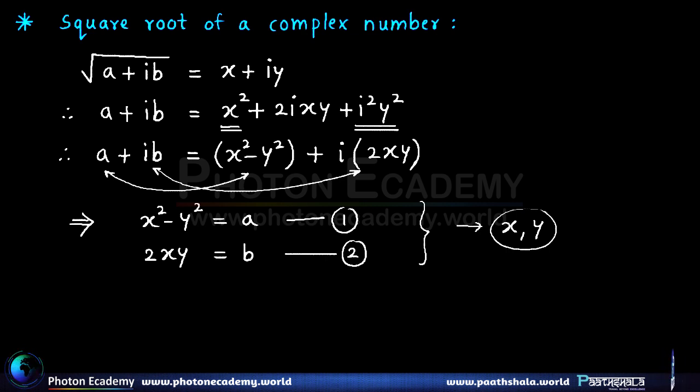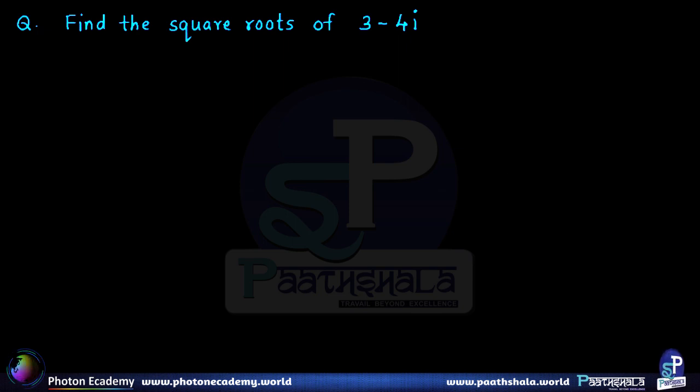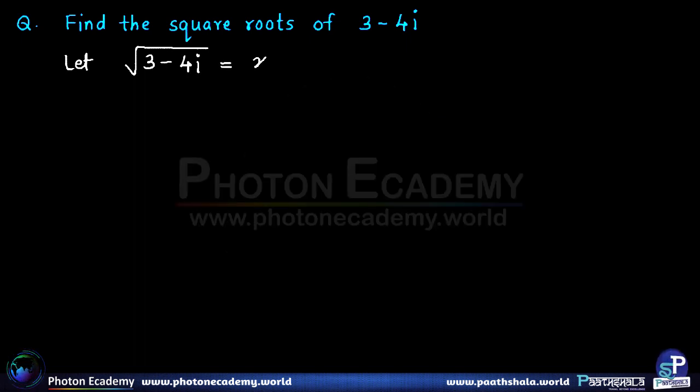Let's see one example to illustrate how to find the square root of a complex number. Here we have to find the square roots of 3 minus 4i. So let's start by assuming the square root of 3 minus 4i to be equal to, say, x plus iy.